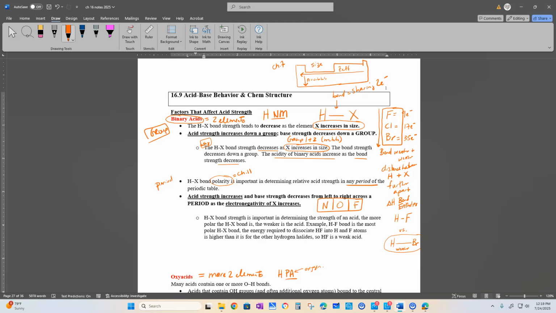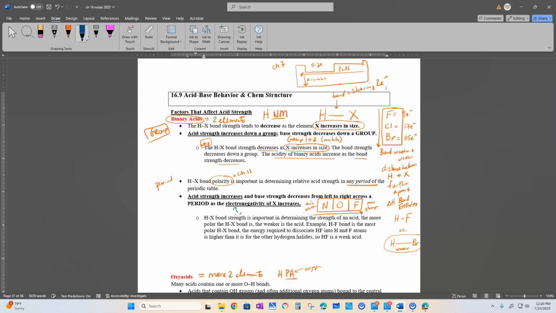Well, the acid strength increases. Like I said, we're not looking at the base strength right now. The acid strength increases from left to right, which means as you go this way, the acids are stronger. And as you're over here, the acids are weaker. So acid weaker, acid stronger. Okay, and why? Because of electronegativity. You have nitrogen, and I'll do it in a different color.